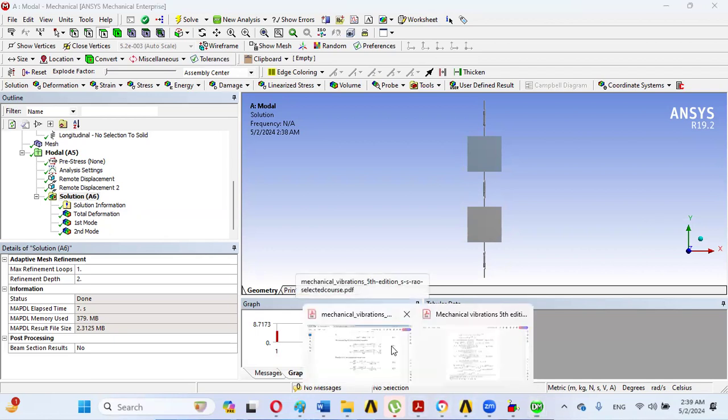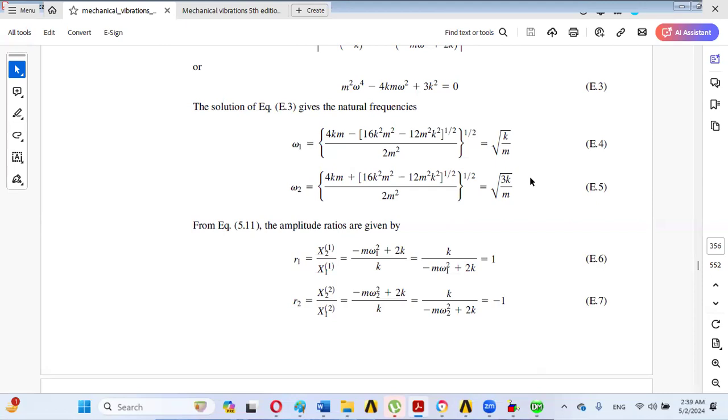And now let us verify the second frequency. The formula for the second frequency is square root of 3k by m. So that means we will be multiplying 3 by 1000, which is 3000, and the mass is unit. So we can take its square root. This comes out to be 54.7722.